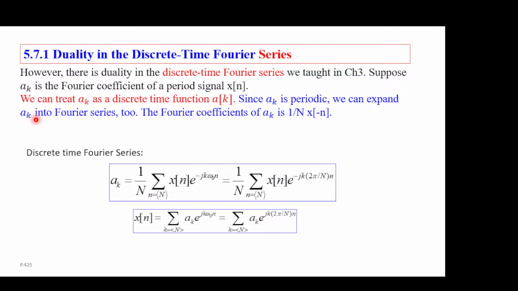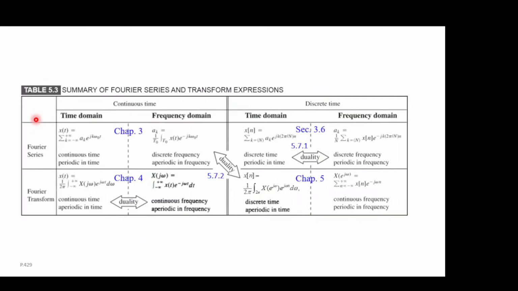But if you remember what we talked about in chapter 3, in the discrete case, the frequency function is always periodic, with period 2 pi in frequency, right?